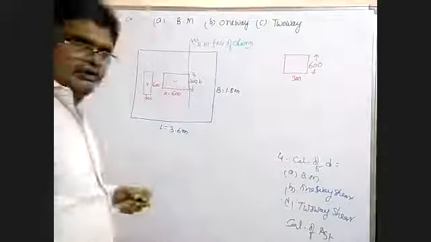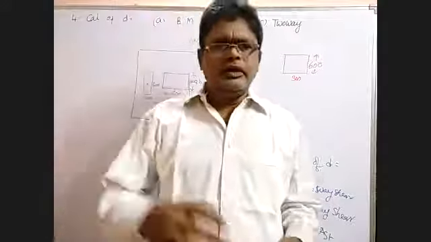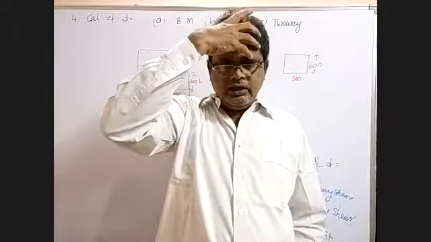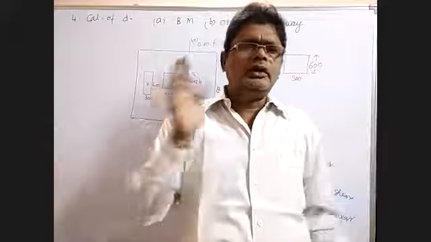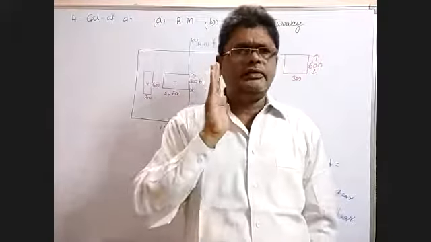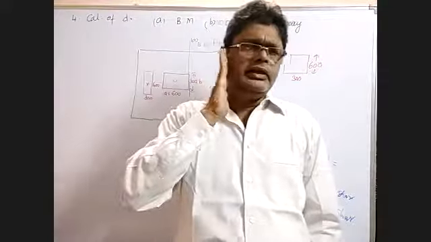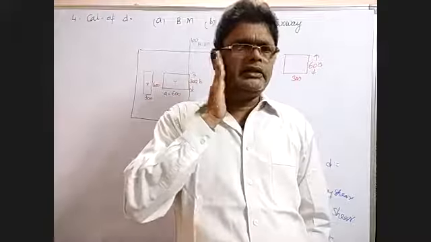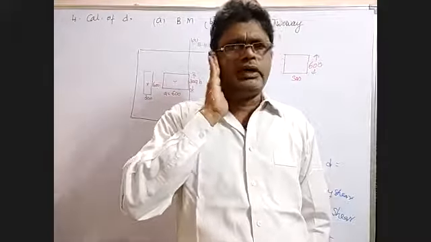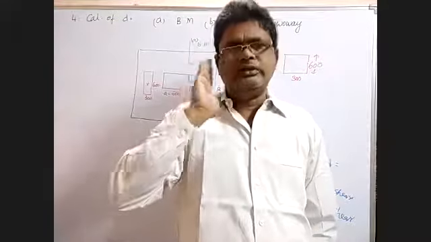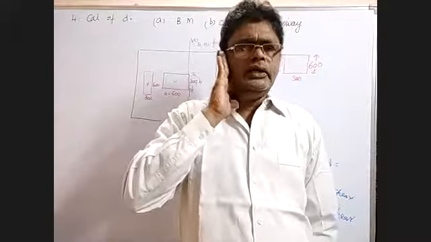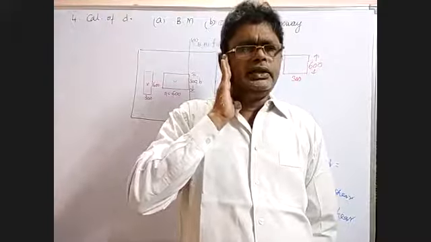Assume that my head is a column and my hands are footing. Here the critical section for bending moment criteria develops at the face of this column, right side this one. So here you will get a critical section.